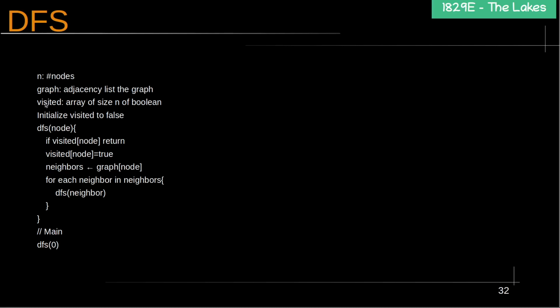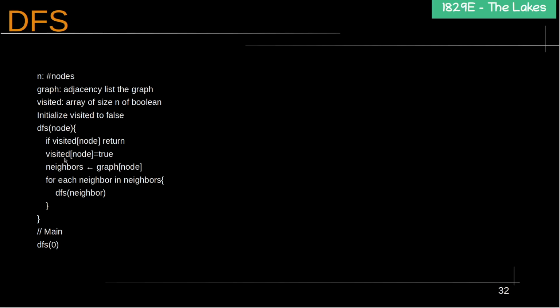We need a Boolean array visited of size n, with n the number of nodes here. We initialize visited to false, and we define the DFS function. It takes as parameter the current node to visit. If that node is visited, we backtrack, we return to the previous call.